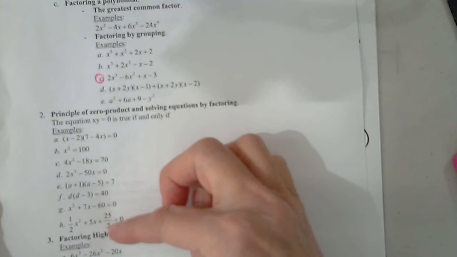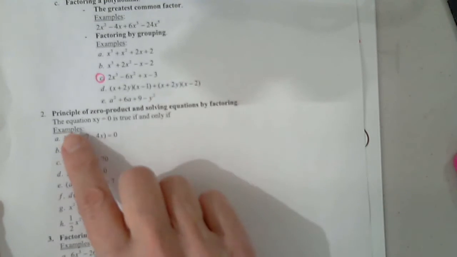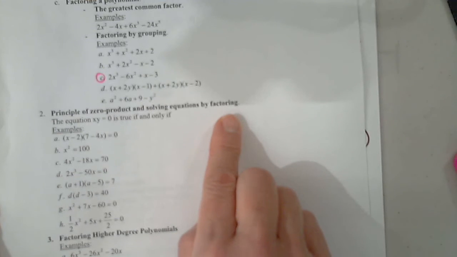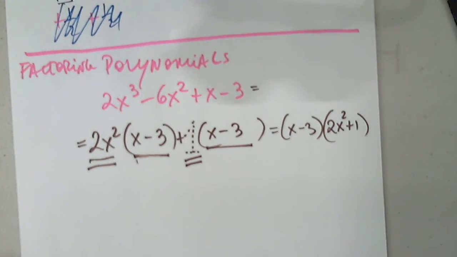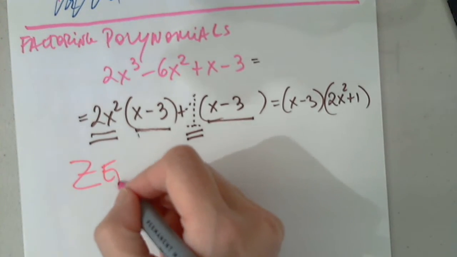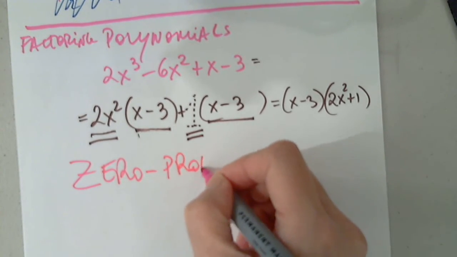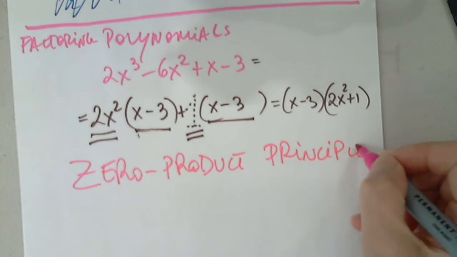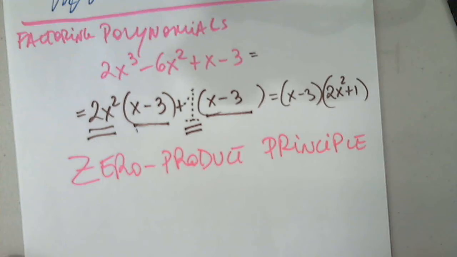So here's what we do with it. We use the principle of zero product to solve equations by factoring. Okay, so let's talk about the principle of zero product first, or the so-called zero product principle. What does it mean?